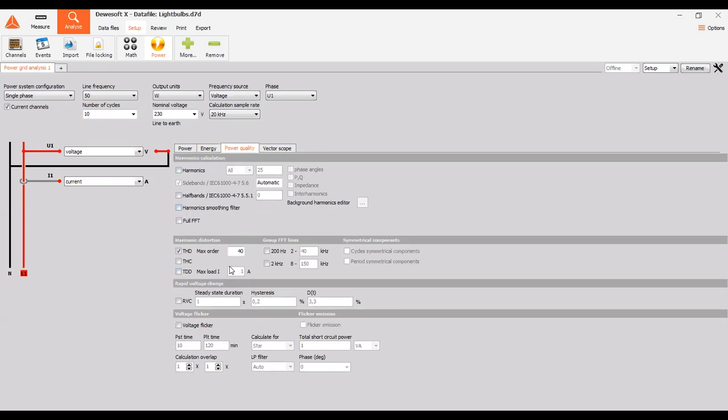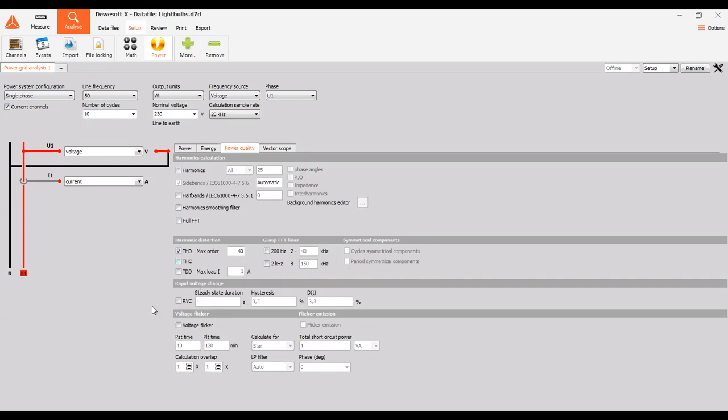We have the distortion values here with THD, THC, and TDD, the group FFT lines for the 200 hertz bands and the 2 kilohertz bands. If we have a three-phase system, then we can also add the symmetrical components here and calculate the period symmetrical components if we have the period values available or activated.